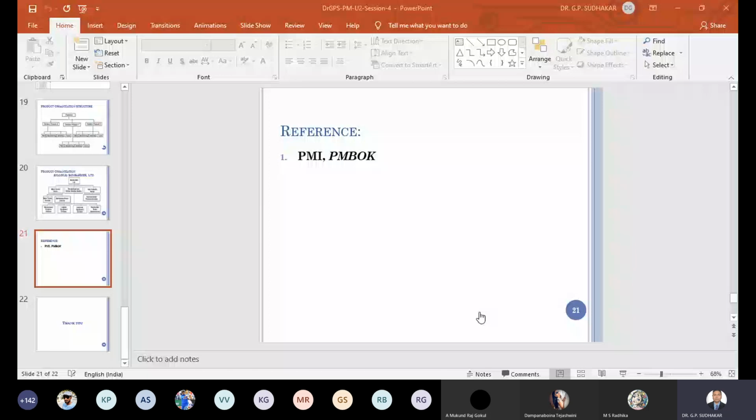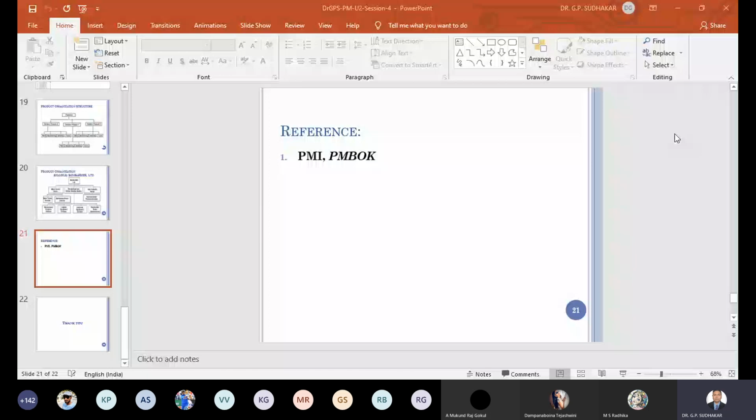So far, what we discussed in today's session. Today we started with, we are in unit 2, right? We discussed organization structures.